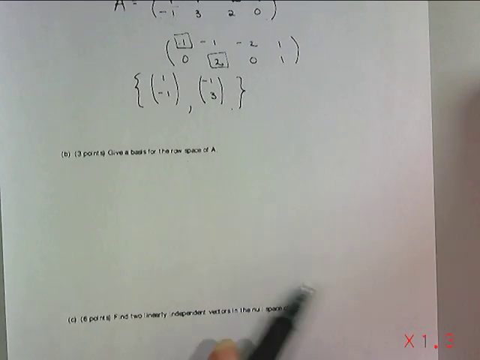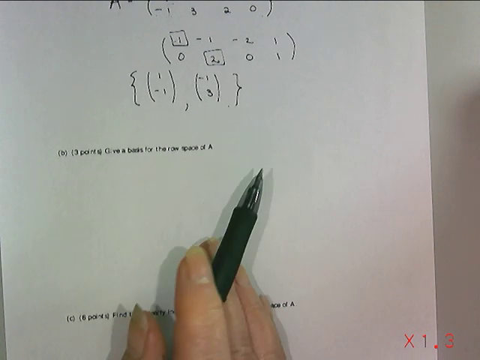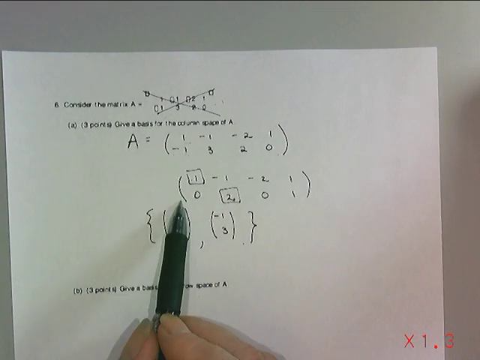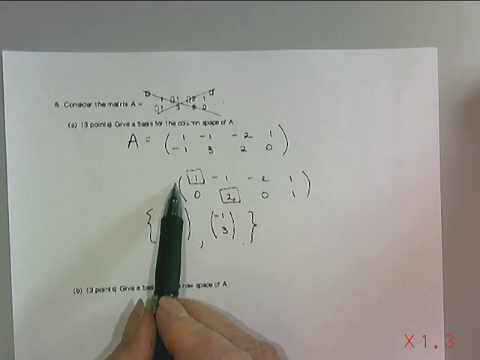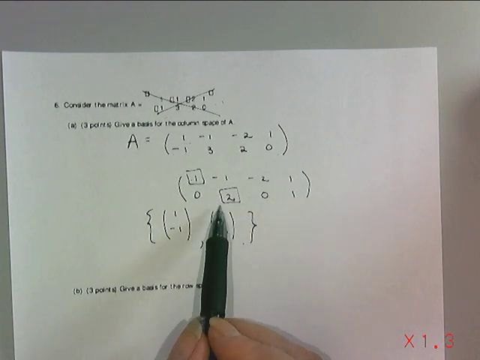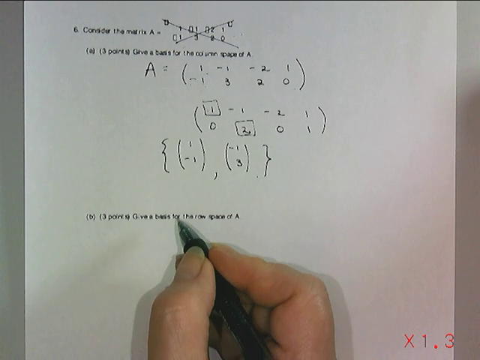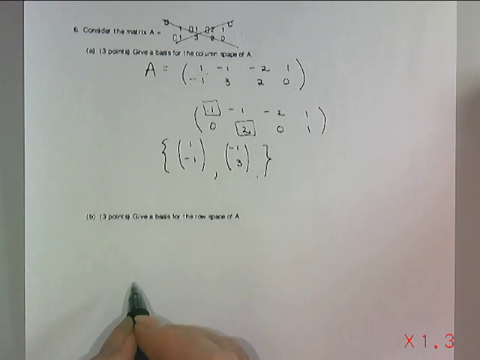Now we want to find the basis for the row space of A. This time we look at the row echelon form for A, and the row space is based on the rows of the row echelon form. But we need to describe vectors that span the row space.